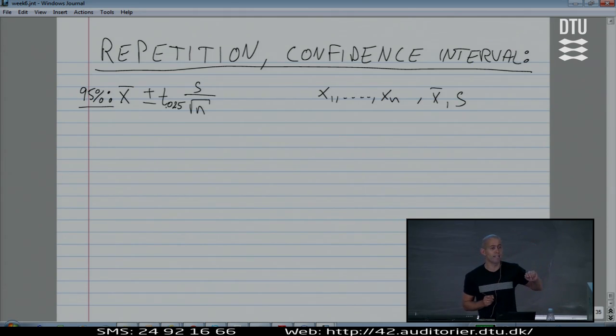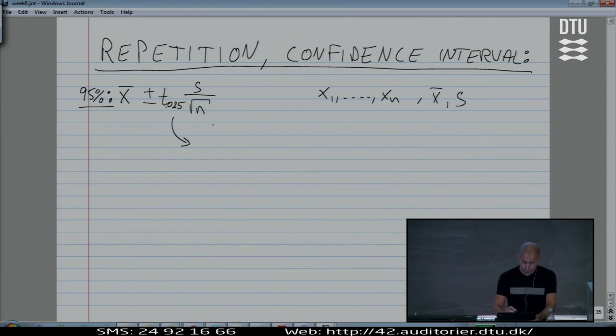Another way of saying it, I take the average plus minus twice the standard deviation of the average. I say twice. Why do I say twice? Because this number, the t, if n is large, that is at least 30, then this t 0.025 is approximately equal to z 0.025, which is actually 1.96.